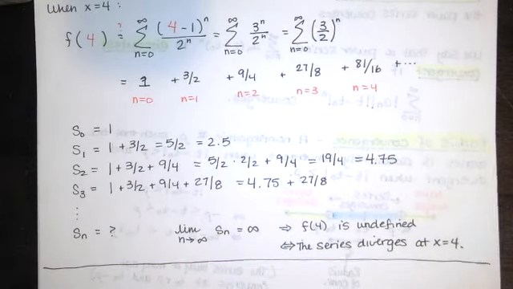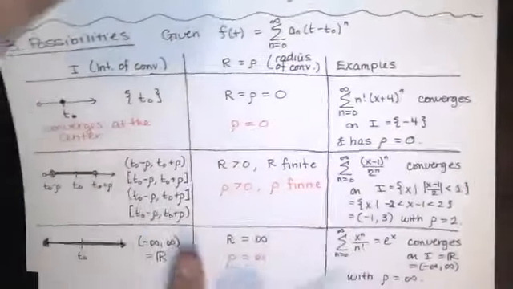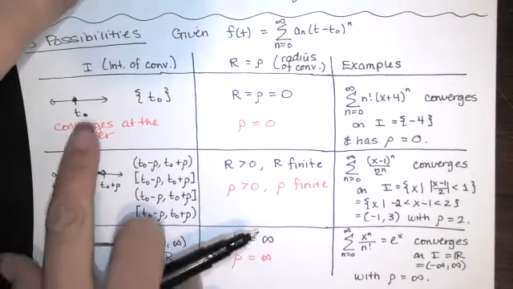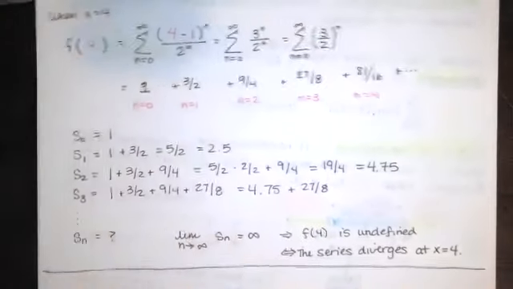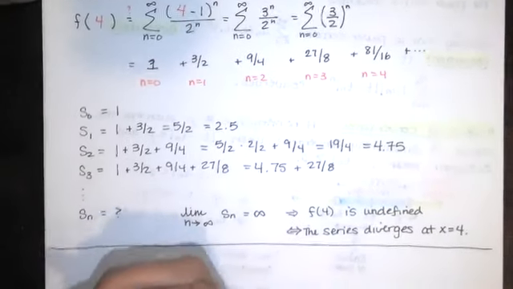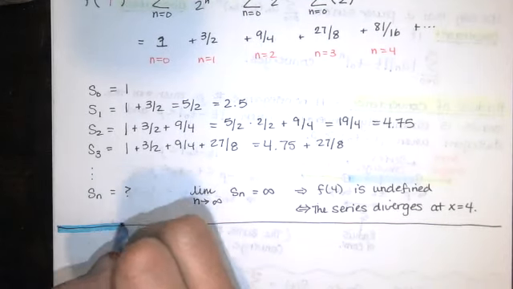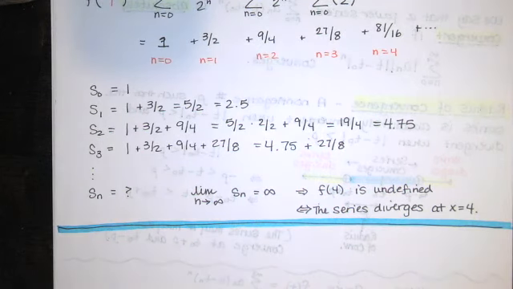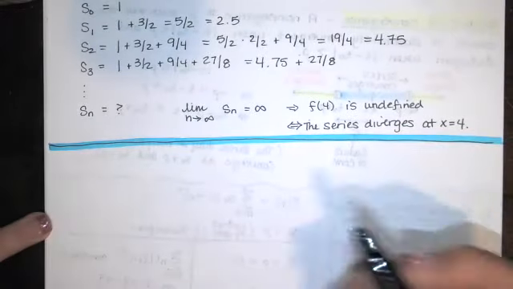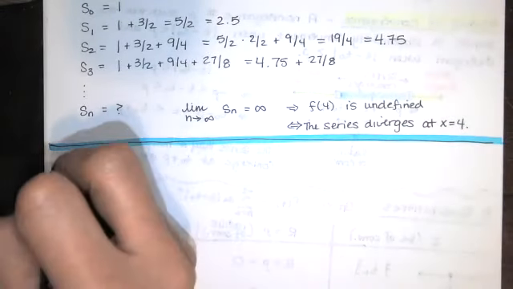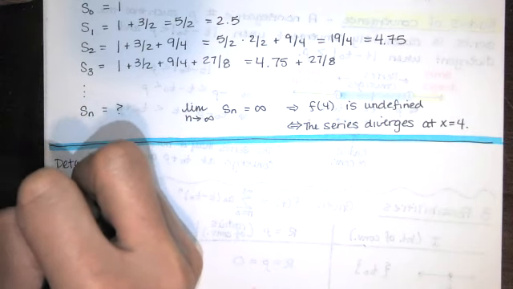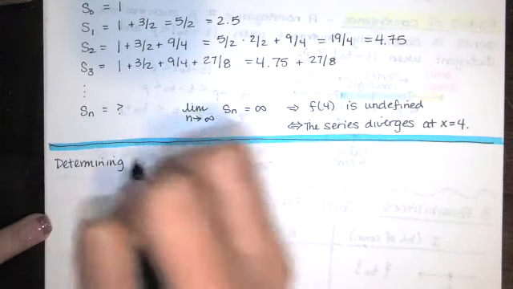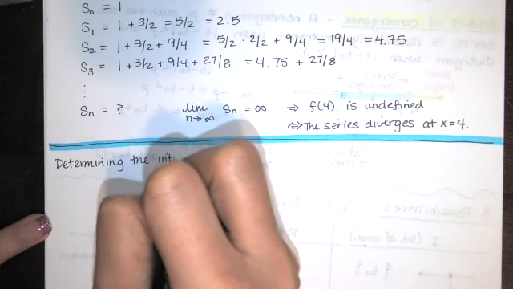Now, I mentioned the 3 possibilities: either converge at a point, converge on an interval, or converge on the entire real line. All of that is true. But if you want to know where the power series converges, you've got 2 options.